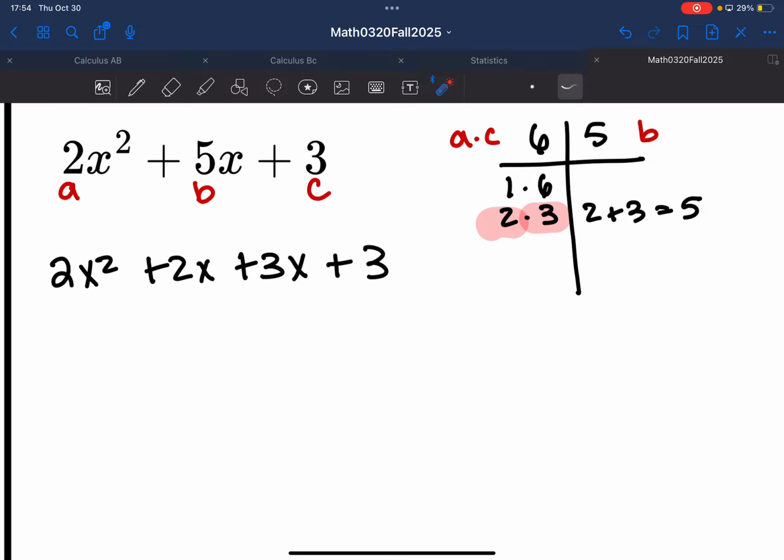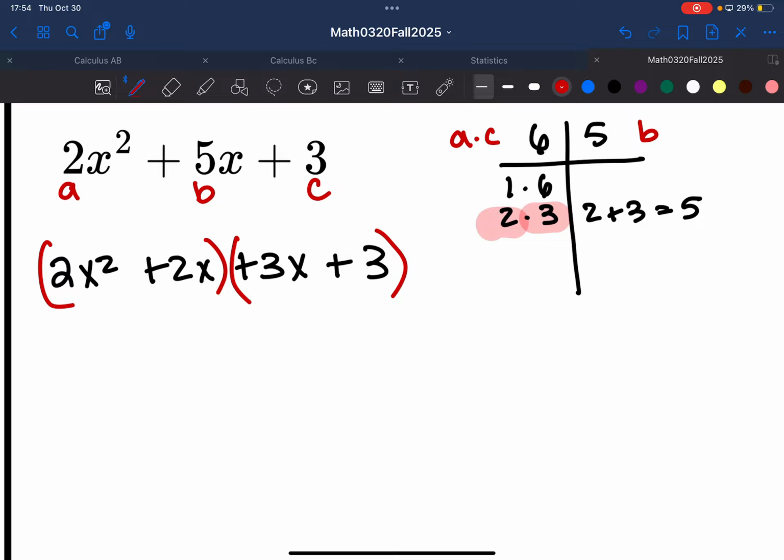I split up the B value. What's my next step? Separate them into parentheses. And then do what? Take the GCF. So when we take the GCF, we are dividing each of the terms.